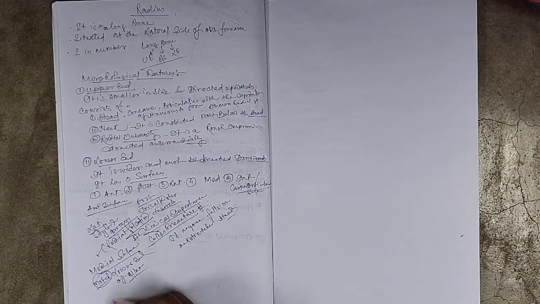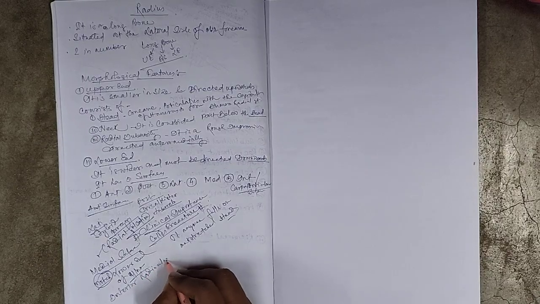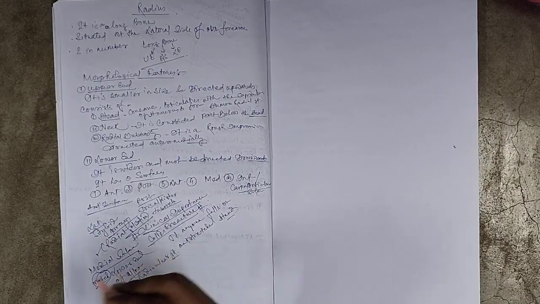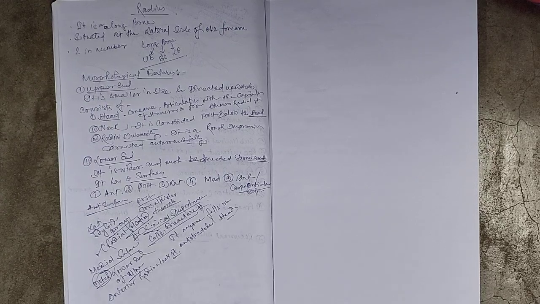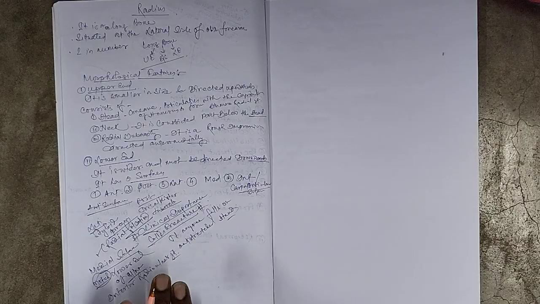And it forms the inferior radioulnar joint. So in the medial surface, a notch is present which forms the attachment site for the lower end of the ulna and forms the inferior radioulnar joint.